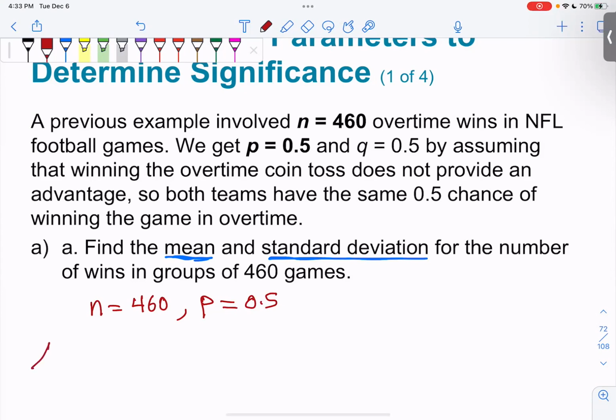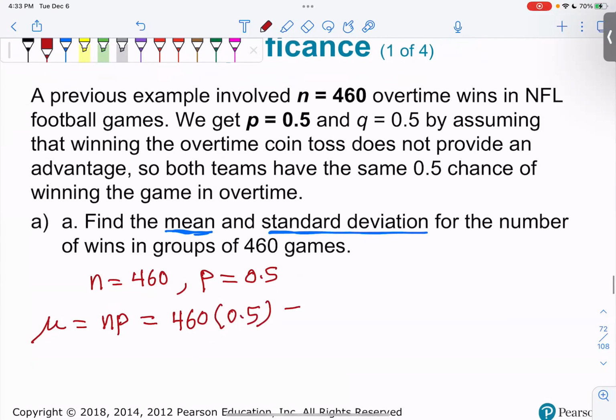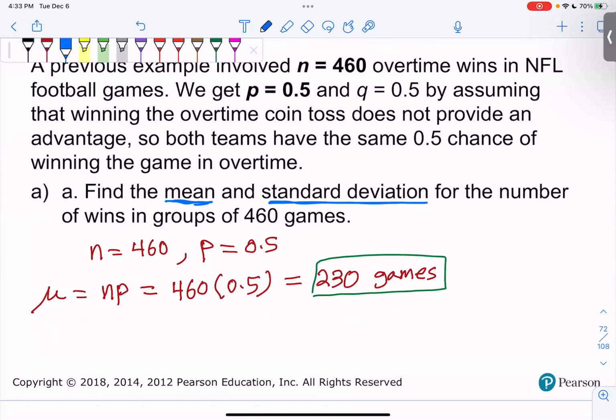Okay, so mu will equal n times p, which is equal to what? 460 times 0.5. So it will be 230 games. This is mu.